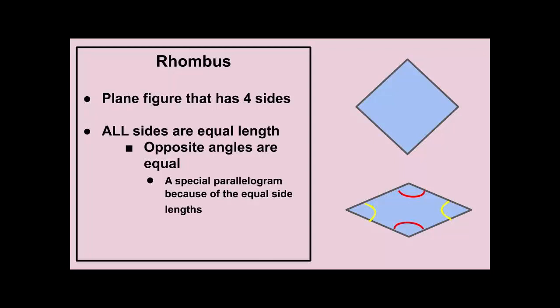It is similar to the red curved lines. The red curved lines show that those opposite angles are exactly the same measurement. So the most important things that you must remember about a rhombus is that the sides must be of equal length and opposite angles will have a measurement of degrees that is the same.